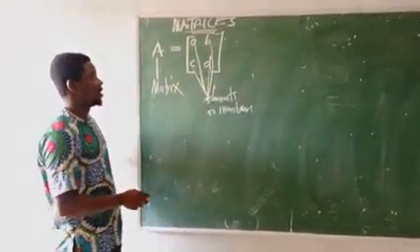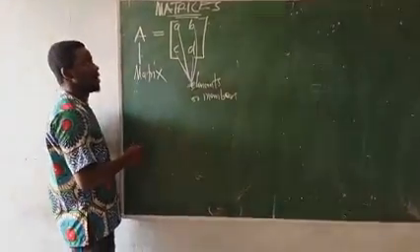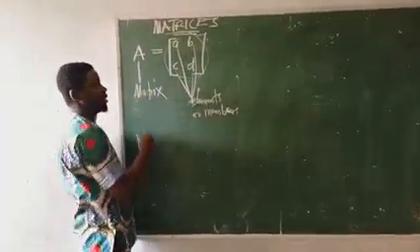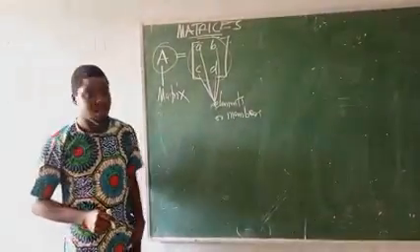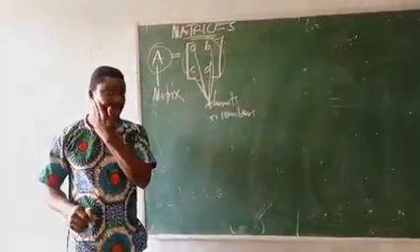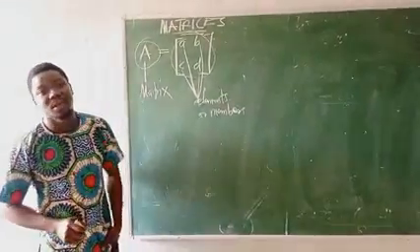So you can clearly see that the elements of the matrix are represented in small letters, while the matrix itself is always in a capital letter. Please, all these things are very important about a matrix.